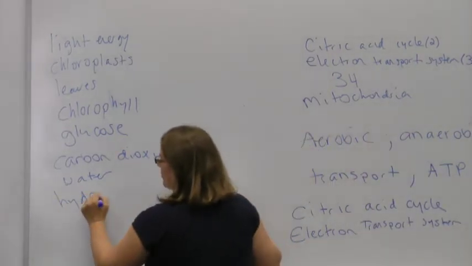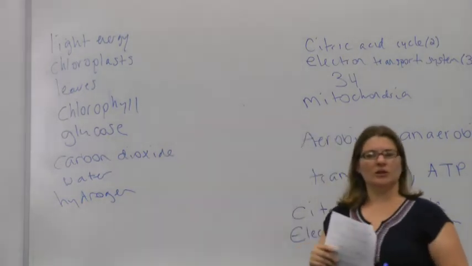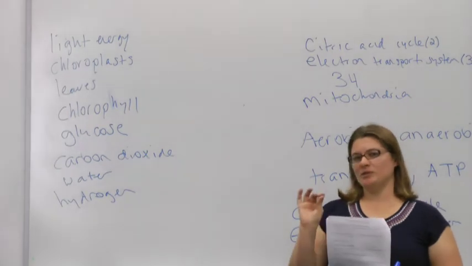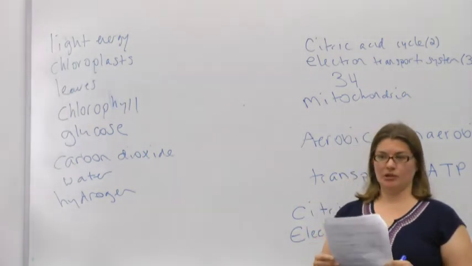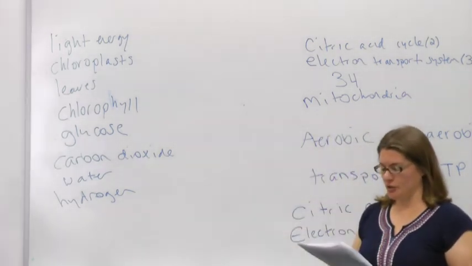Do you remember what that's called? There's a special word for the splitting of water, specifically for photosynthesis. It's called photolysis. Remember that? It's in the lecture. Photolysis, the splitting of water into hydrogen and oxygen.